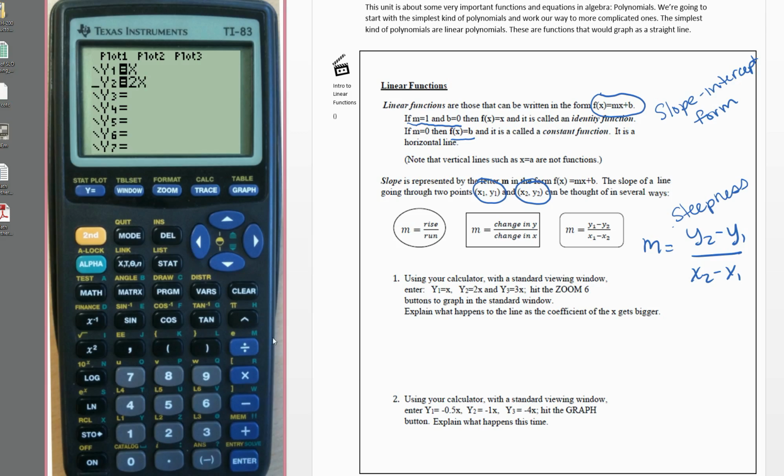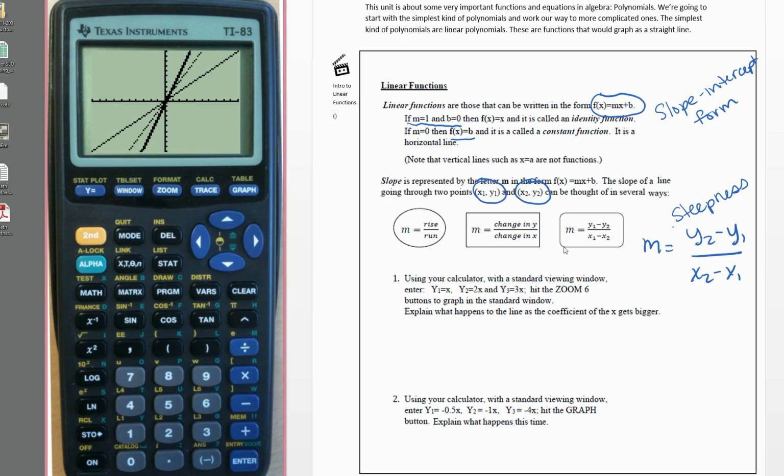Where's our dotted line? There it is. Okay, and then 3x, we'll give that one a bold line. Okay, let's graph these. So there's y equals x. That would just have a slope of 1. There's 2x, and there's 3x.